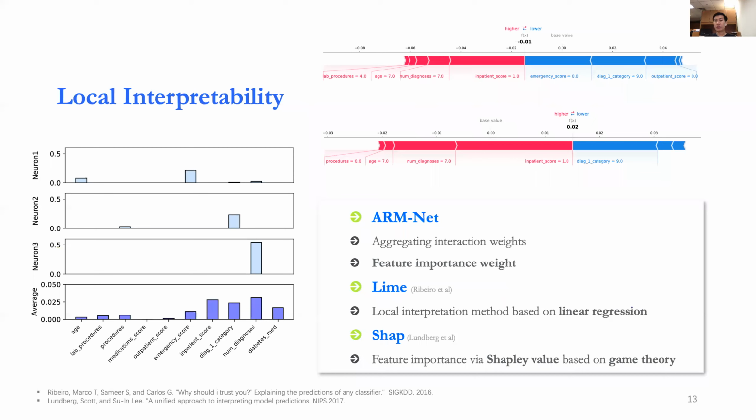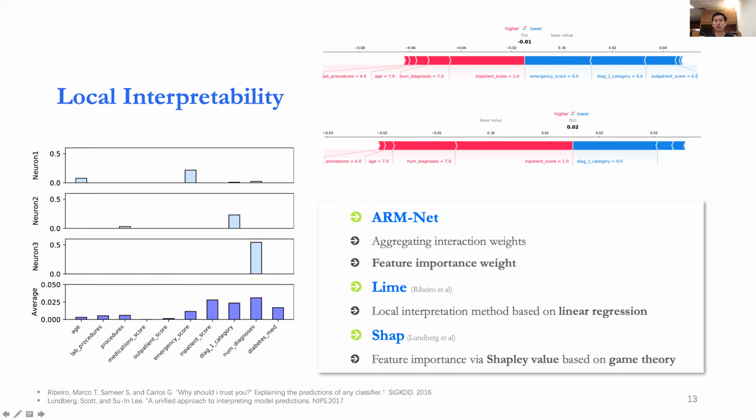For local interpretability, we show how ARMNet can produce feature importance for each input instance dynamically. The left figure illustrates the local feature attribution for a specific patient. From the last row, you can observe that the last 5 features are the most important features for the readmission prediction.